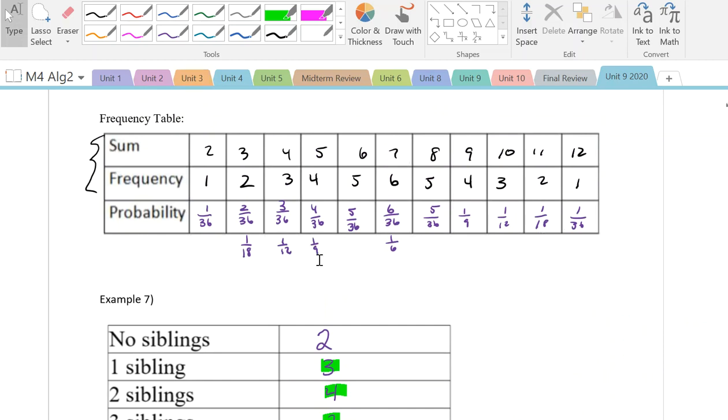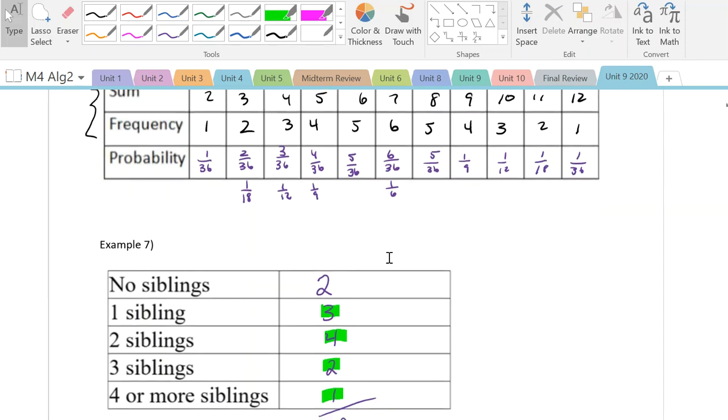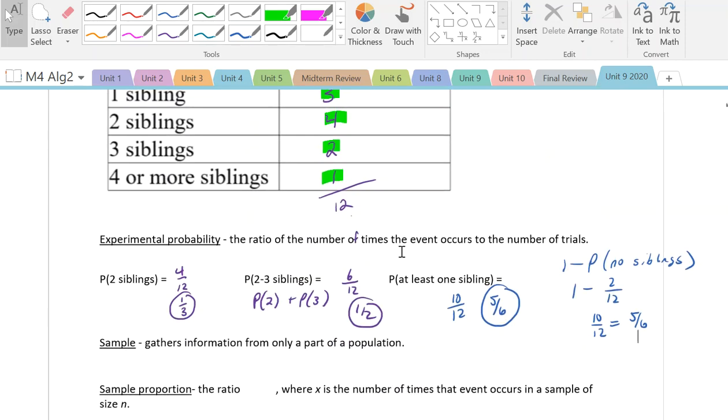Another example of an experimental probability would be if I was rolling the dice from Monopoly and say I rolled the dice 36 times. In theory, I should get 6 sevens, but experimentally, I might get 5 sevens, I might get 4 sevens, I might get 10 sevens. So that's the difference between experimental probability and theoretical probability.